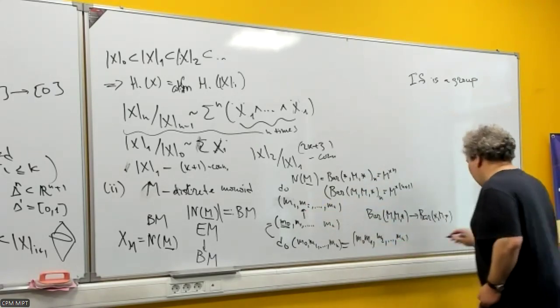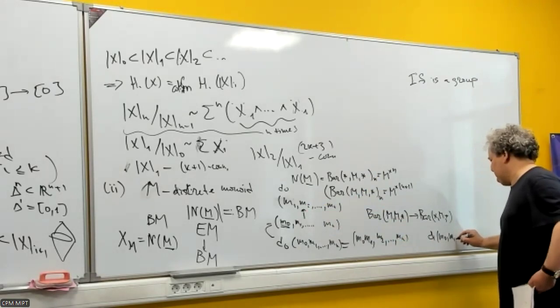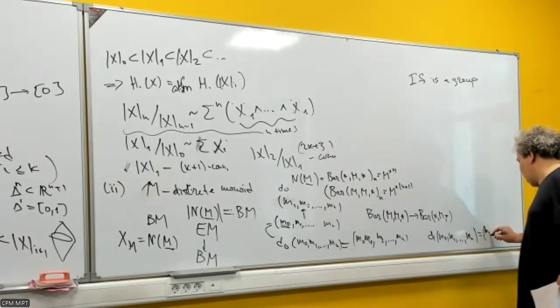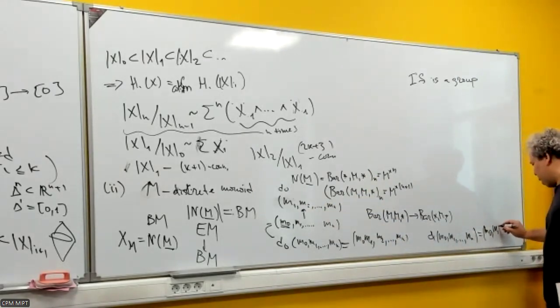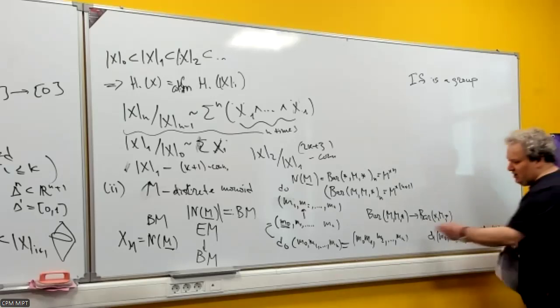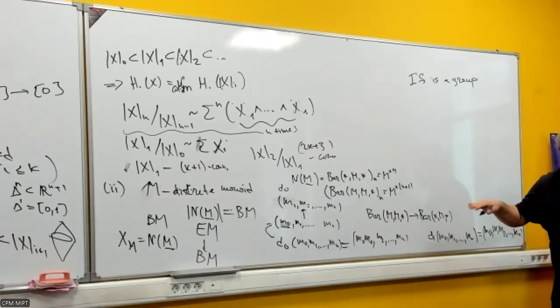For example, d1 of M0, M1, so on, Mn is defined as M0 M1, M2, and so on up to Mn, and the last one projects along the last component.